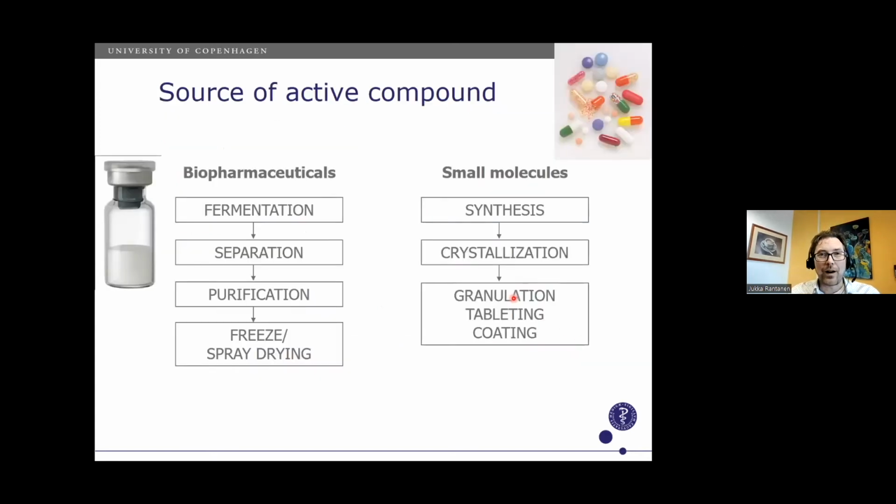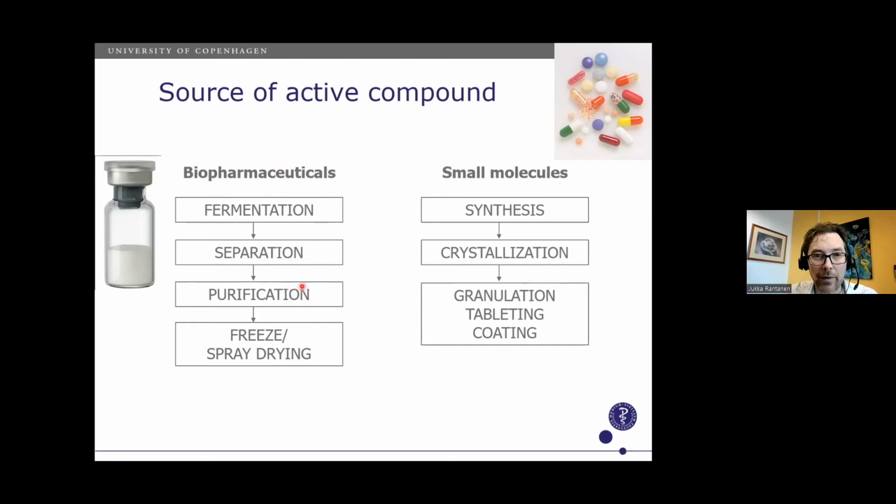And I cannot give you a single solution for all possible pharmaceutical processes. It's important to remember that we are dealing with many different types of processes, and depending on the process, you might need slightly different analytical tools. If you are producing biopharmaceuticals, protein or peptide-based products, these are typically done by fermentation. You have a cell line that is expressing the product, the active compound, and then you separate and purify it with chromatographic processes.